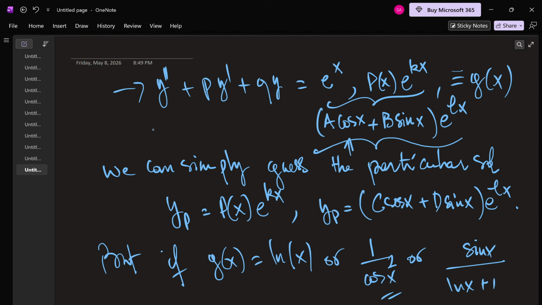Here the only method that lets you solve the problem is variation of constants. Do you understand now when to use the method of variation of constants? Is it clear why we use it?